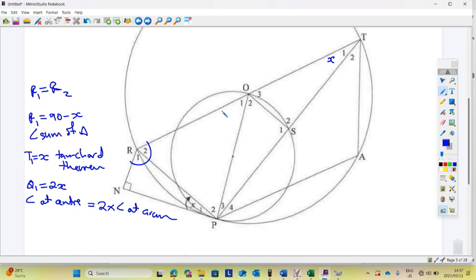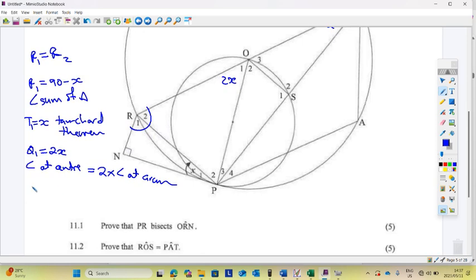So we now have that this is 2x, right? Now, if this is 2x, how big is this one and that one? Remember, this is radius and this is radius. So we have an isosceles triangle here. So to get that, let's first declare that it is an isosceles triangle.